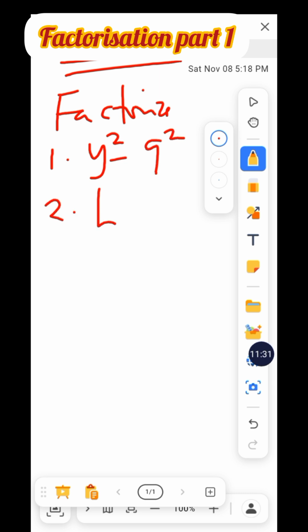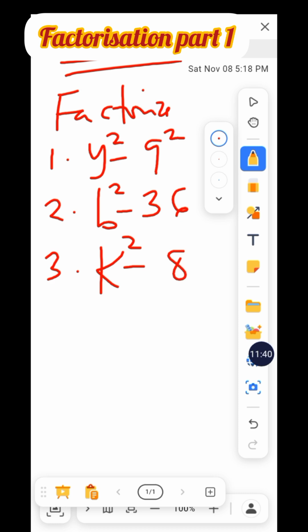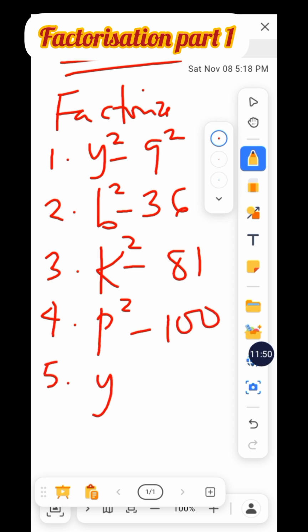Number 2, b squared minus 36. Number 3, k squared minus 81. Number 4, p squared minus 100. Then the last one, 2y squared minus 100.